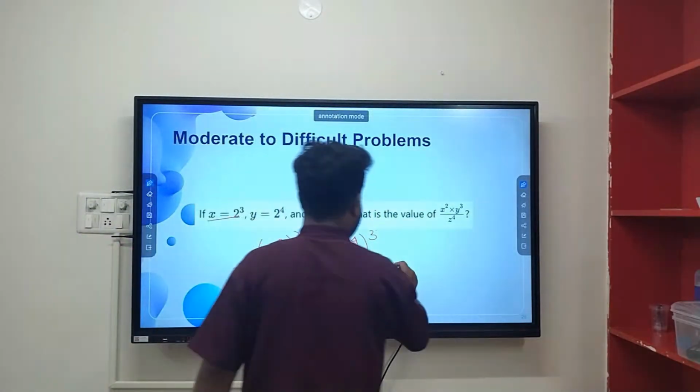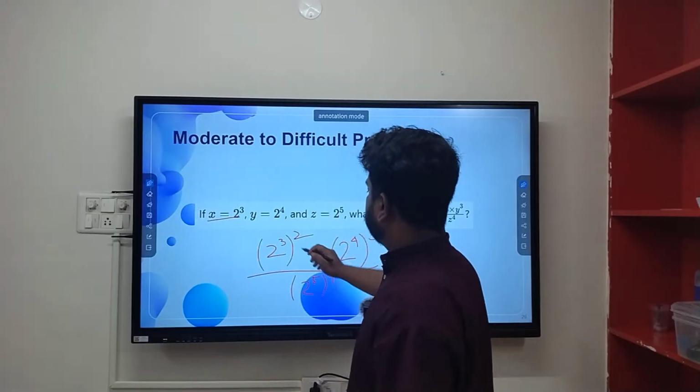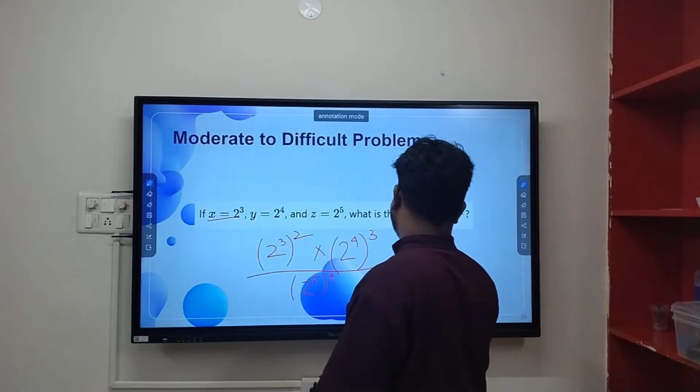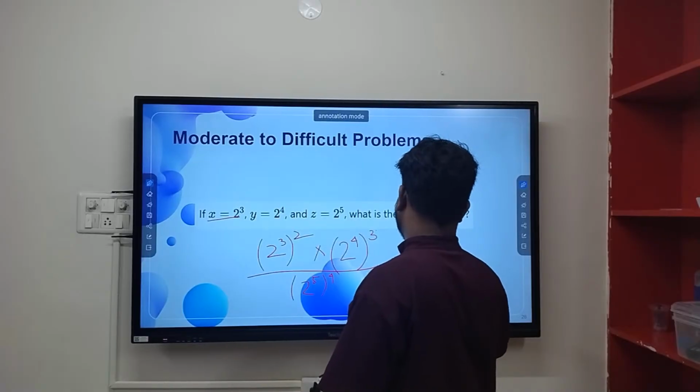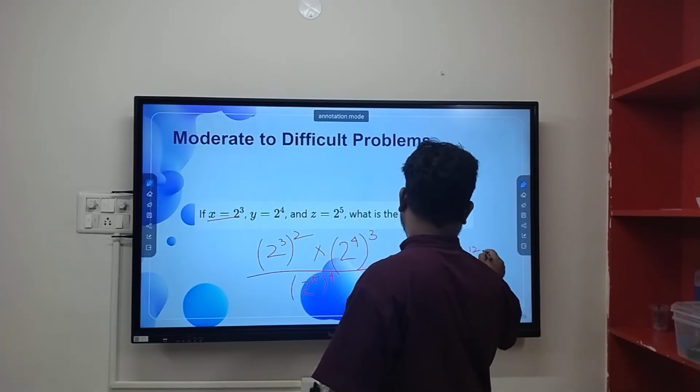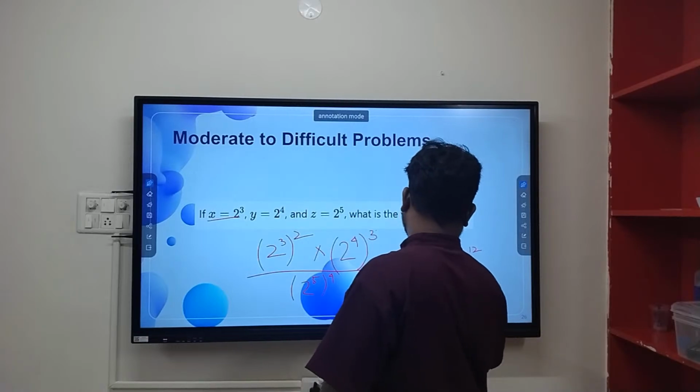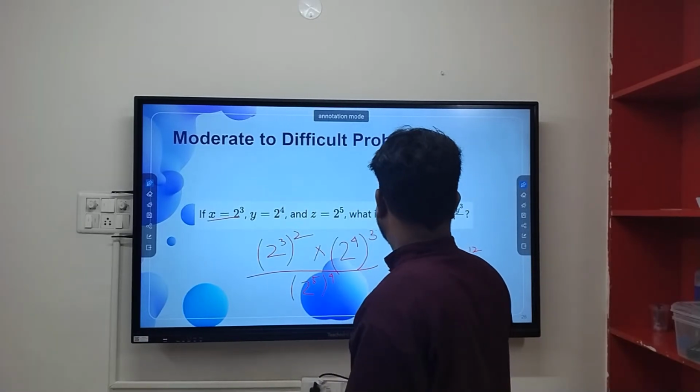As per the power law, we know these will get multiplied, so it will be 2 to the power 6 into 2 to the power 12 into 2 to the power 20.